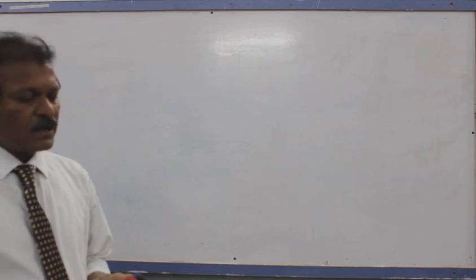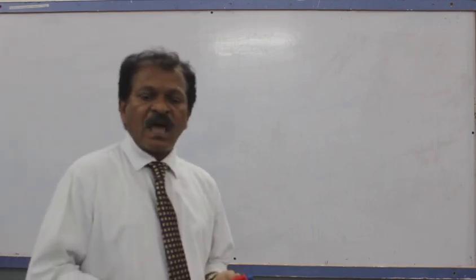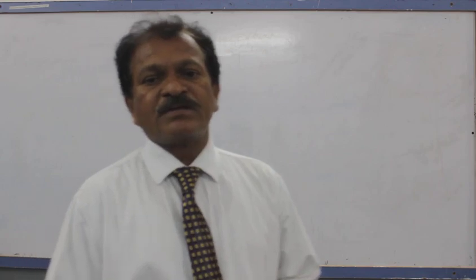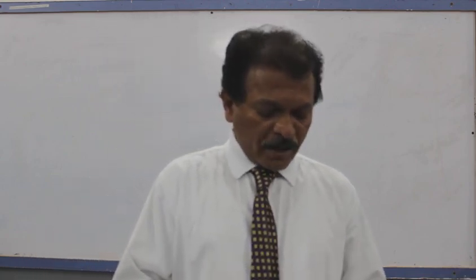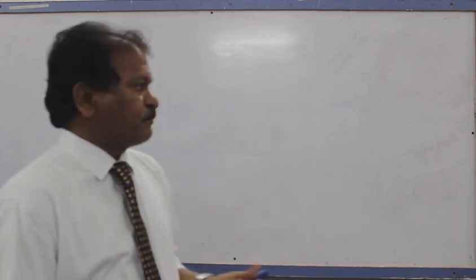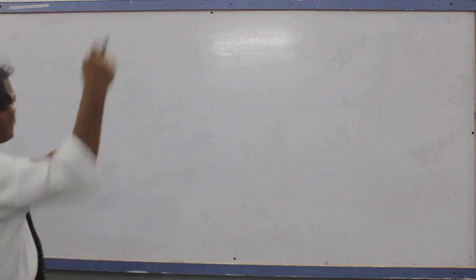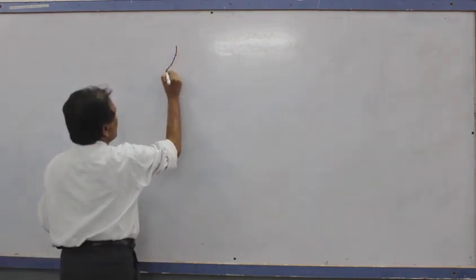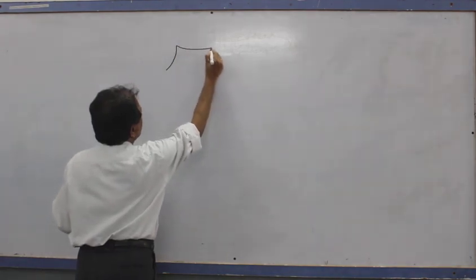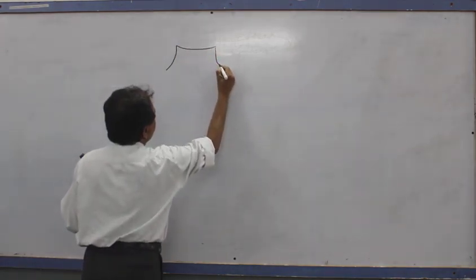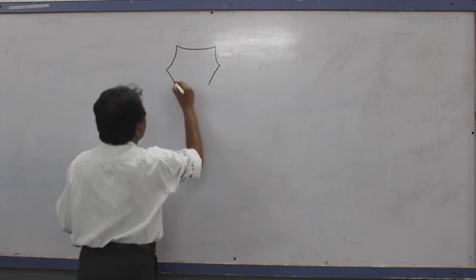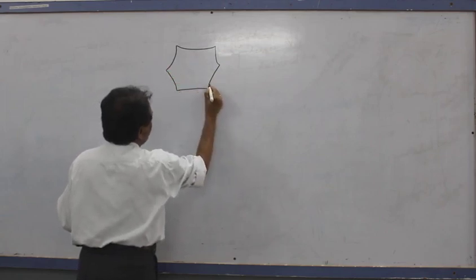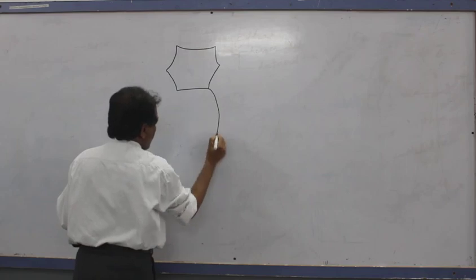The very important and superficial muscle is called the pectoralis major muscle. Here, this one is the manubrium sterni. It is the manubrium sterni, and this one is the body of the sternum.